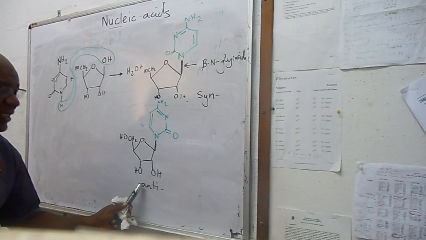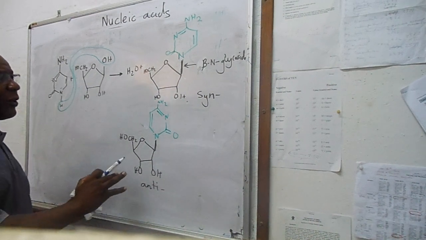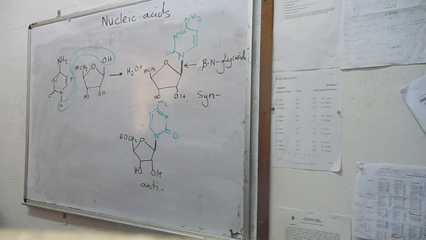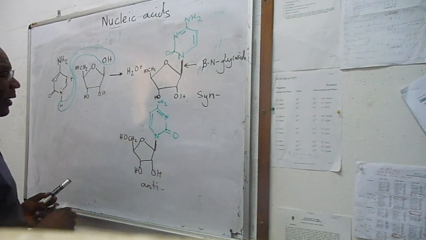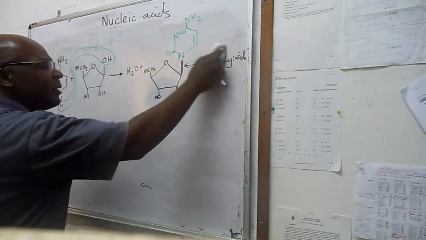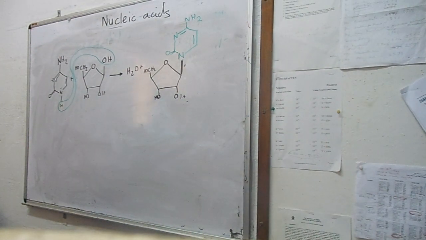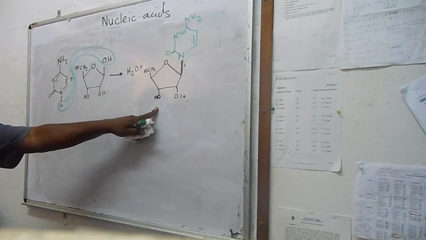Therefore, the anti will be the most predominant one. There will be a few exceptions, but the most predominant one is the anti-configuration. Keep that in mind. Now let's look at the names. How do you name the nucleoside that has been formed?